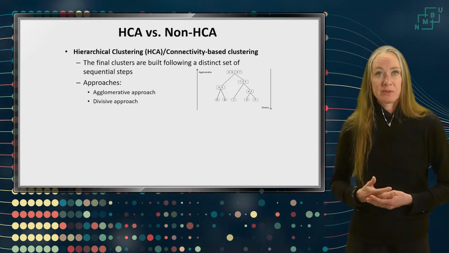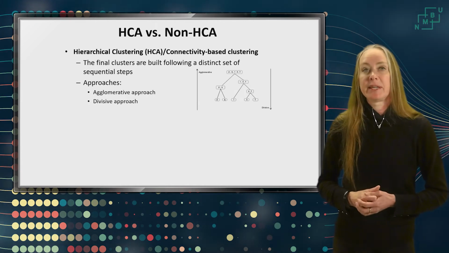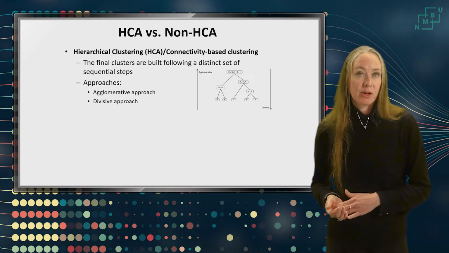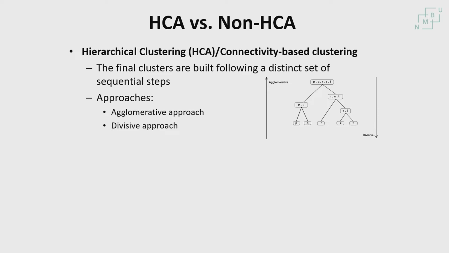So a little bit about some main differences between hierarchical clustering and non-hierarchical clustering. Hierarchical clustering is also called connectivity-based clustering, and here the final clusters are built following a distinct set of sequential steps.